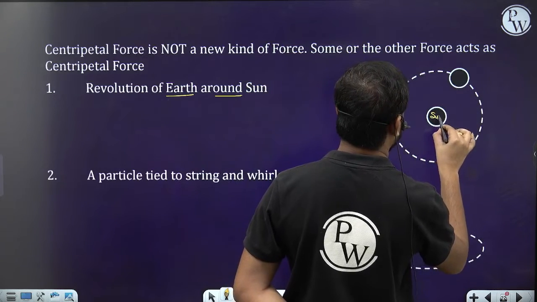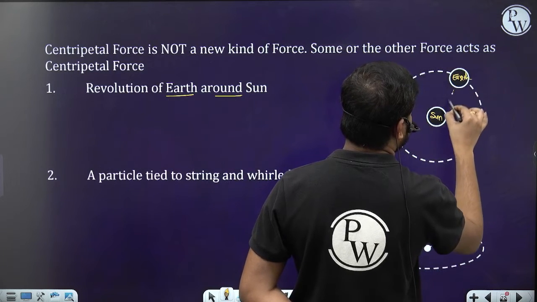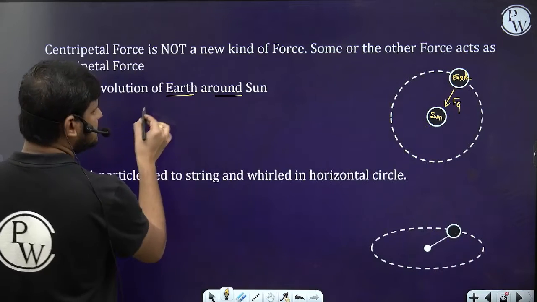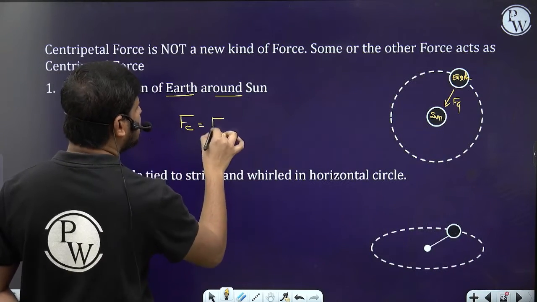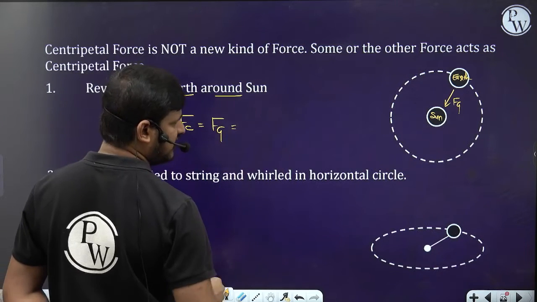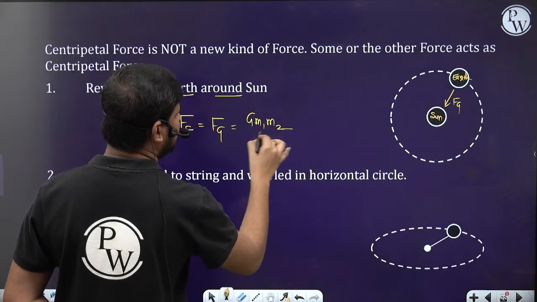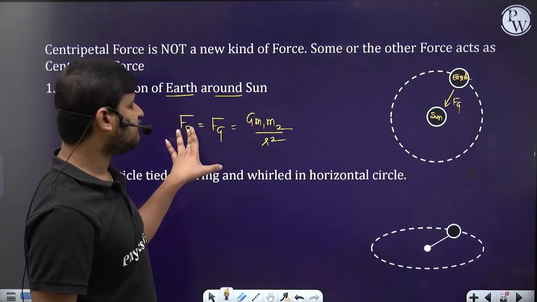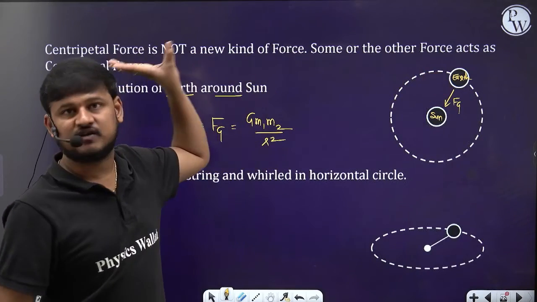Here is the sun and here is the earth. Between these two there exists a force of gravity. So here the centripetal force is nothing but the gravitational force between those two, G m1 m2 by distance square, that's it. So the centripetal force is not a new kind of force. Here the gravitational force is acting as a centripetal force, that's it.